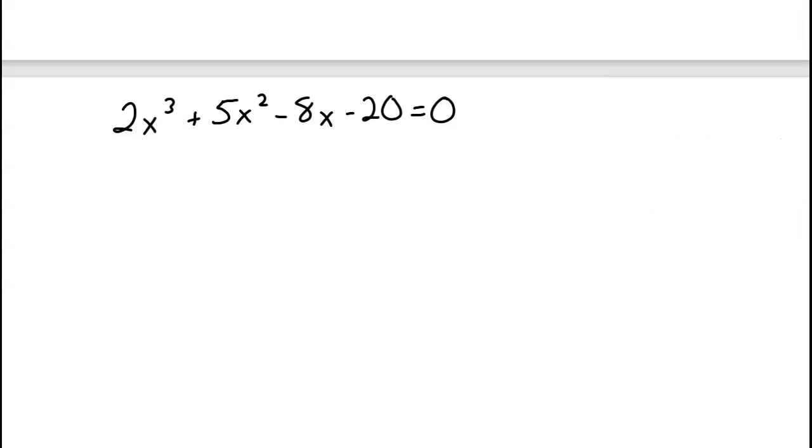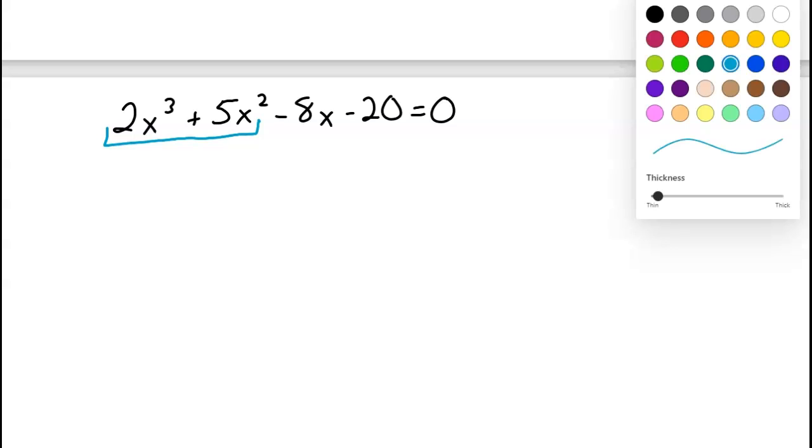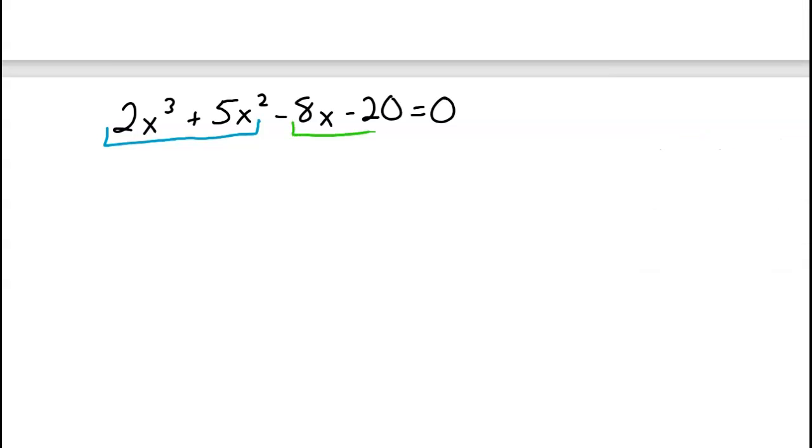When I have 4 terms, what I'm going to do is group the first 2 terms, and then group the second 2 terms. And I'm going to do what's called factor by grouping. In these first 2 terms, what can I factor out here?